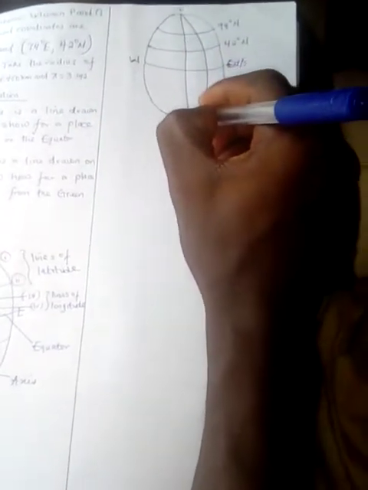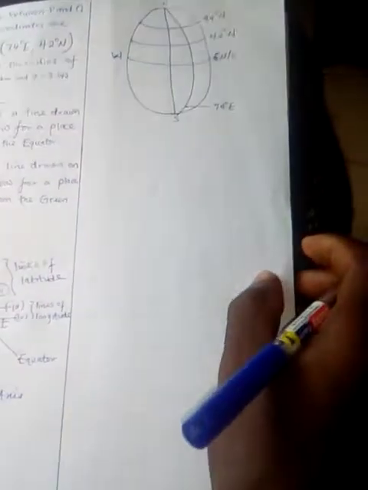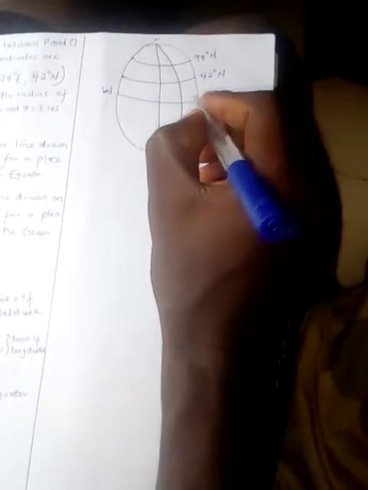So for 74 degrees east, the line of longitude will be like this. I can call this 74 degrees east. The point of intersection is where I locate the 2 points. For this, I have point Q, while for this, it is point P.